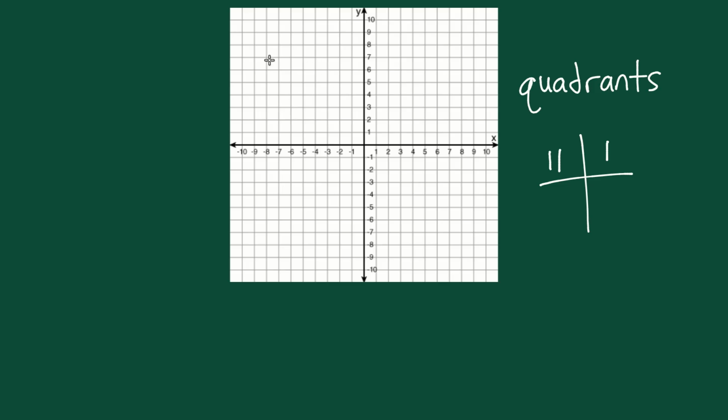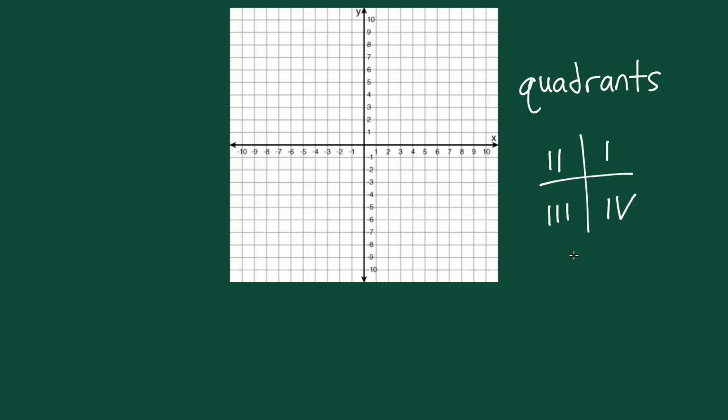For quadrant 2, we have negative x's and positive y's. And here is quadrant 3. Negative x's and negative y's. And lastly, we have quadrant 4, which is positive x's and negative y's.